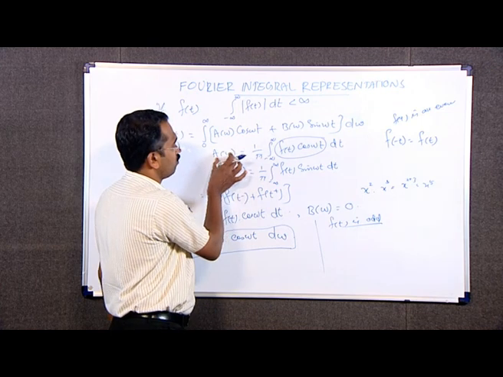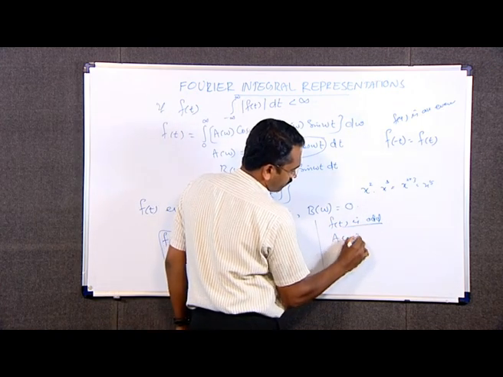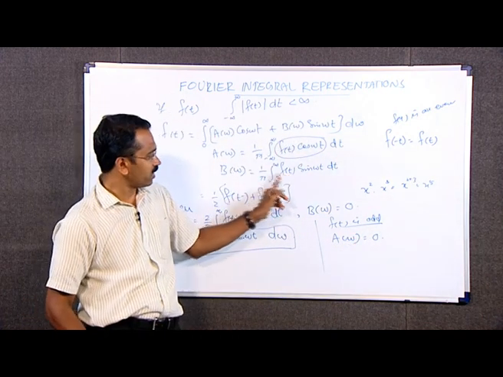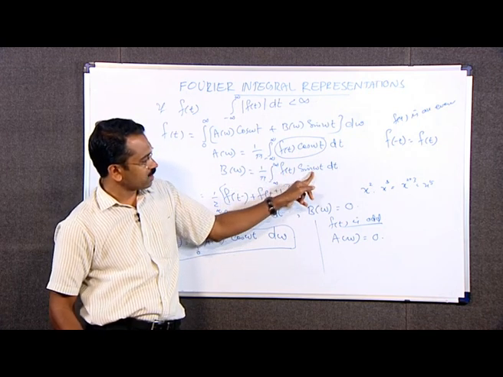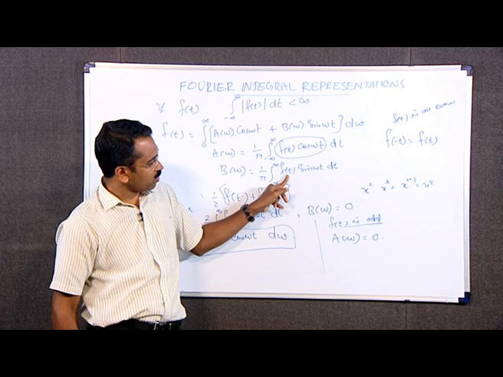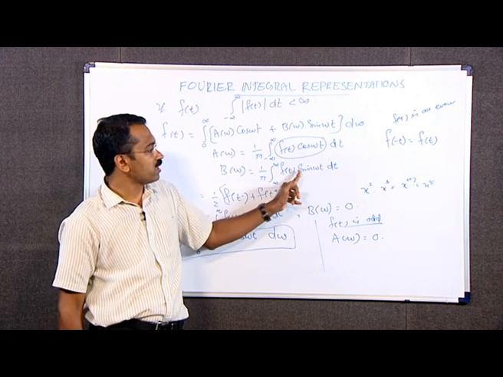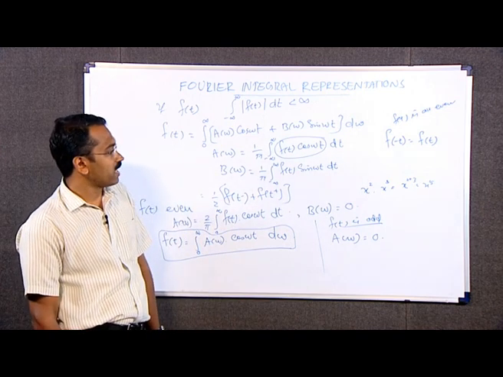Therefore, the value of a omega is 0. In b omega, the integrand is f of t into sin omega t. f of t is odd, sin omega t is always odd. Therefore, an odd function into an odd function will become an even function.